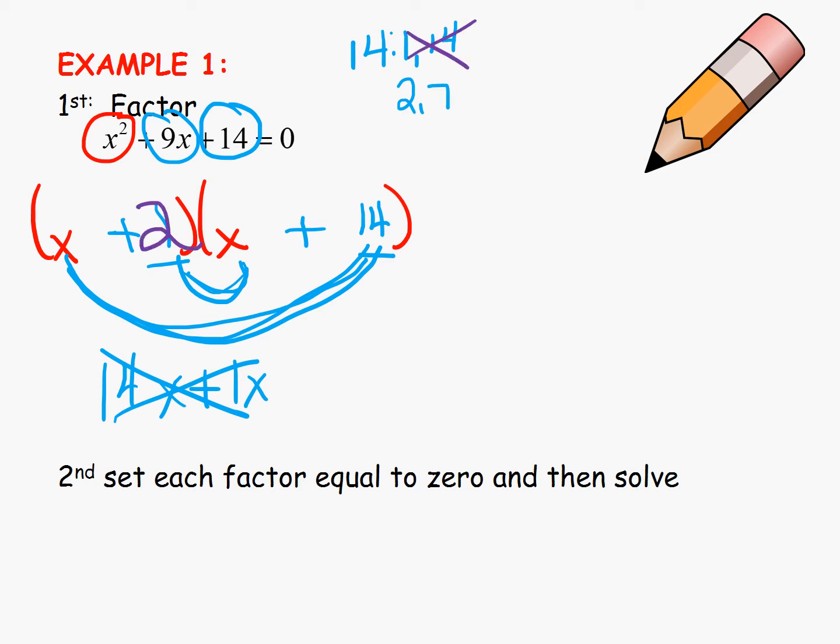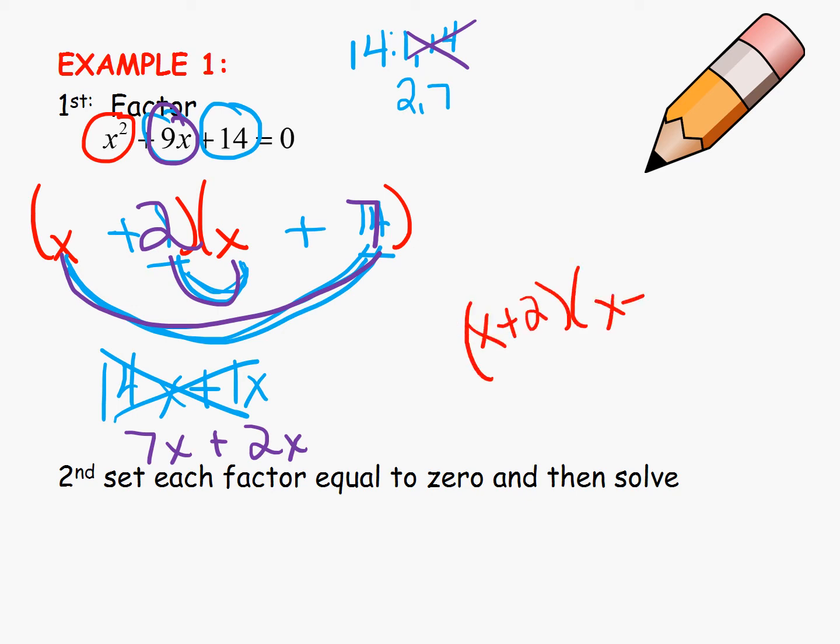I need a 2 and a 7, because x times 7 is 7x, and 2 times x is 2x, and 7x plus 2x gets me back to the 9x in the middle. So my final answer is what we just found in those parentheses: x plus 2 and x plus 7 equal to 0.